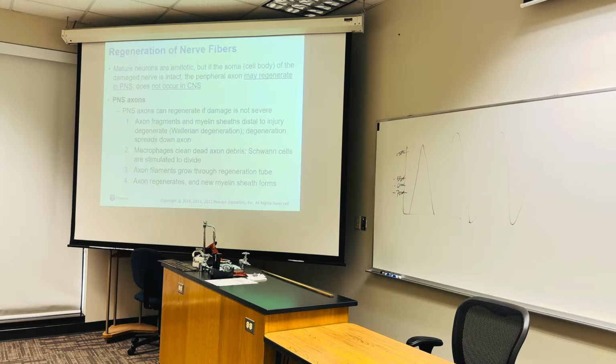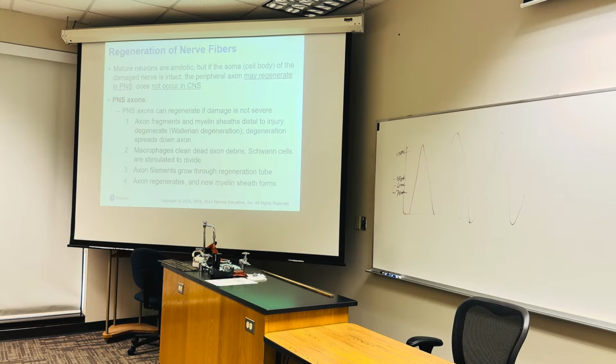But how is the regeneration happening? Not by mitosis. Just to let you know, it is not happening by mitosis. The way I keep telling you, your neurons are amitotic, which is still true. Does it make sense? You can only regenerate when you have slight damage in the axon of the peripheral nervous system.